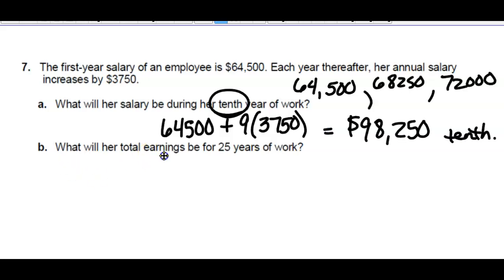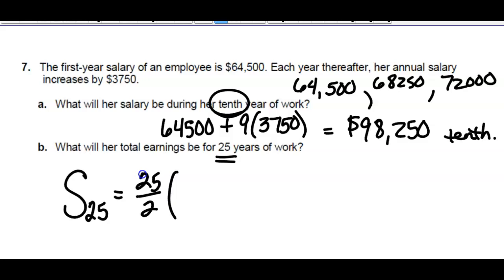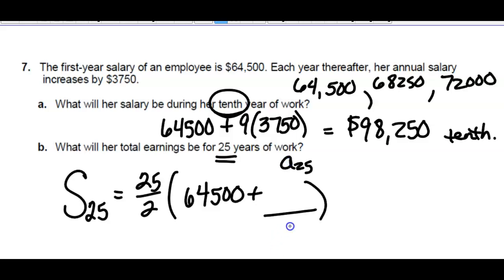Now it says, what will her total earnings be for 25 years? Okay, so to find the sum of 25 years, you would need 25 divided by 2, and then the first term and the 25th term need to go in there.